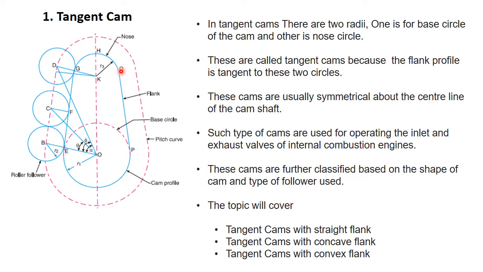Sometimes it may be this type of structure. So this is called a concave cam, where it will go inside, and when this flank goes outside, then it is called a convex cam. So we are going to see under this topic the three types of tangent cams.